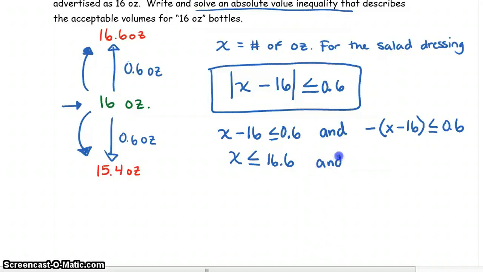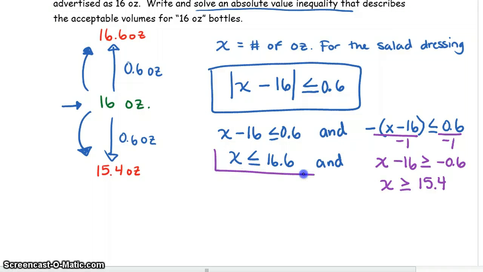And we're going to go ahead and divide it by a negative. I'm going to use a different color for that. And we have x minus 16 is now greater than or equal to negative 0.6. And we have x is now greater than or equal to 15.4.